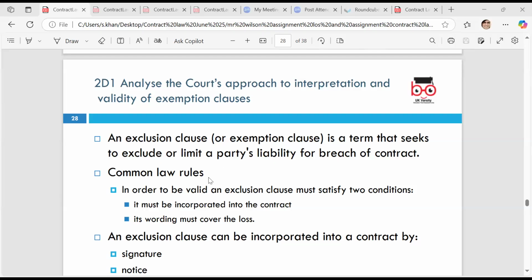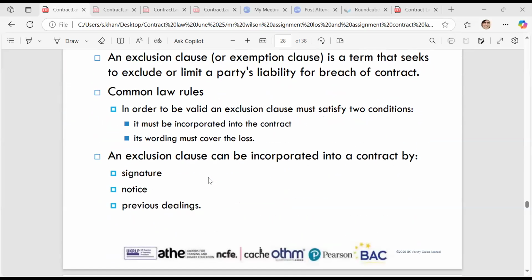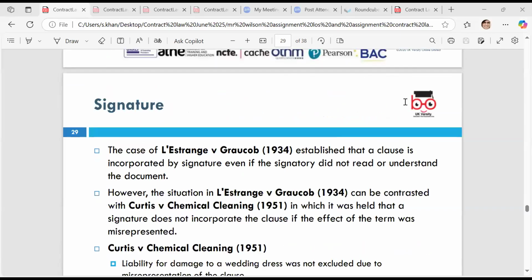So they do look at them in quite more detail, and then an exclusion clause can be incorporated into a contract by a signature, notice, or previous dealings. So a signature in regards to exclusion clauses. An exclusion clause limits or excludes a party's liability under a contract.